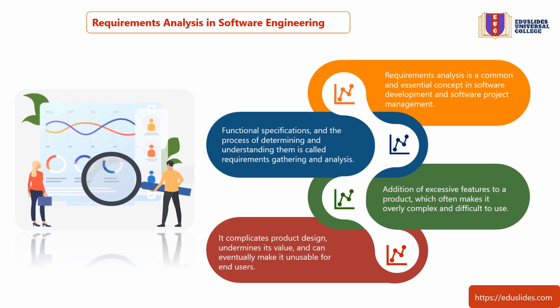It complicates product design, undermines its value, and can eventually make it unusable for end users. To avoid such problems, project teams must gather, understand, and analyze the product's requirements before development begins.